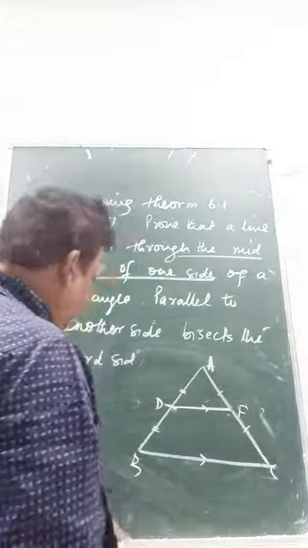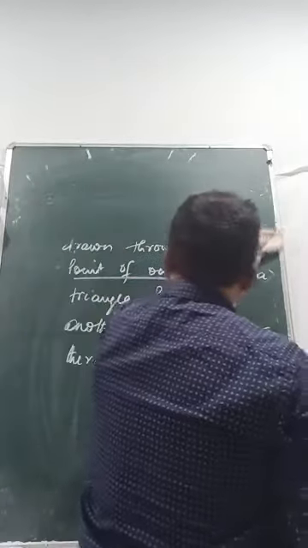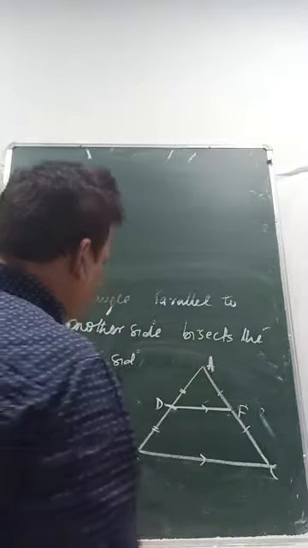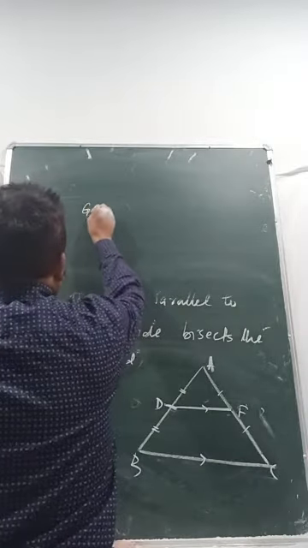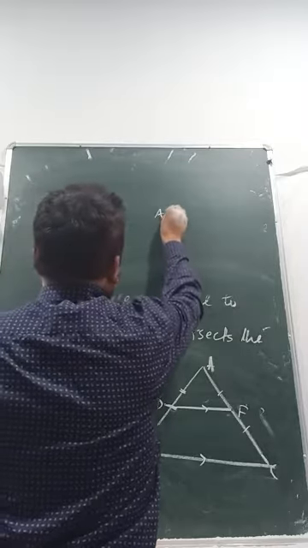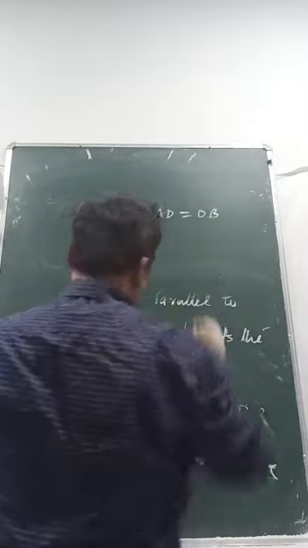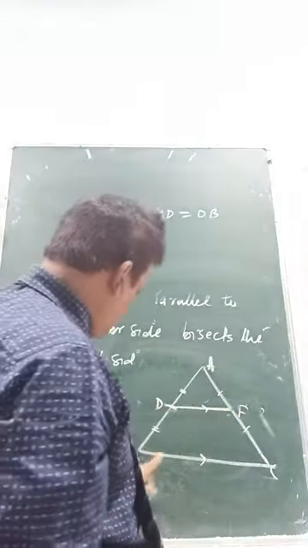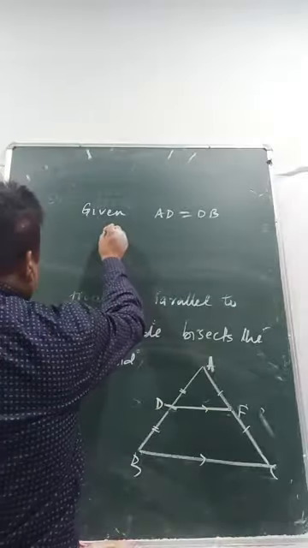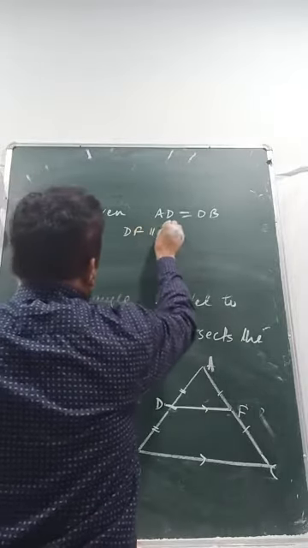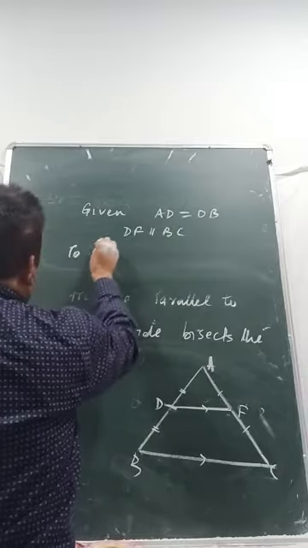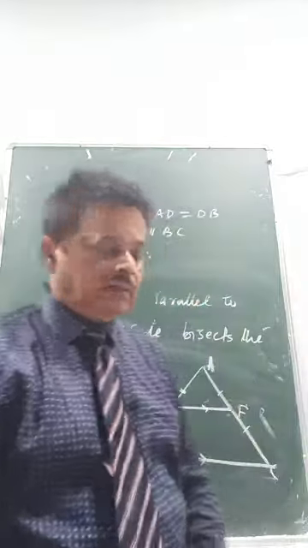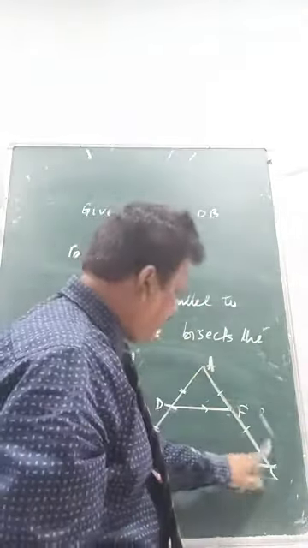Very simple. What is given? Given AD equals DB, because D is the midpoint. Also given DF is parallel to BC. What is to prove? You have to prove it bisects the other side, that is, AF equals FC.